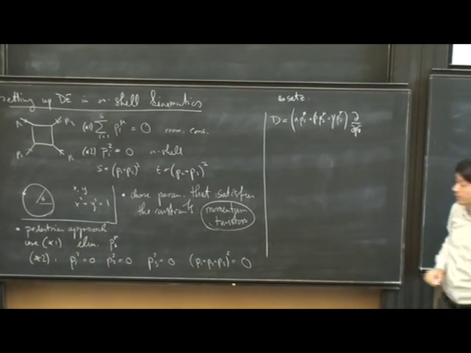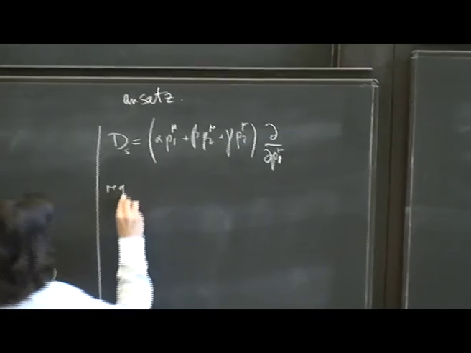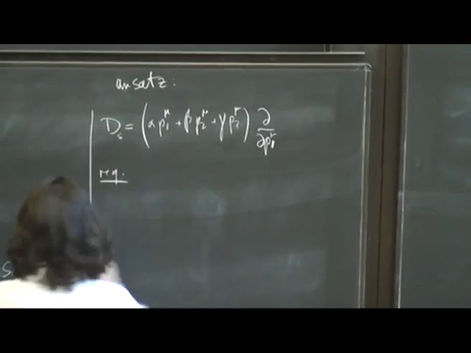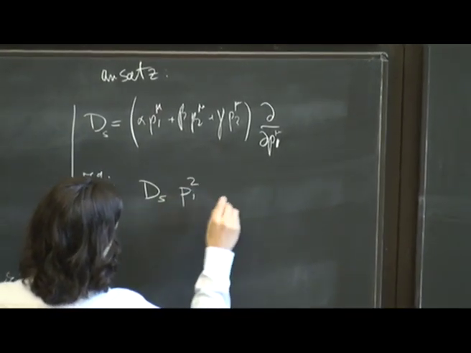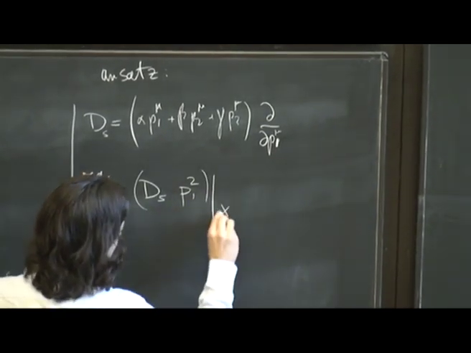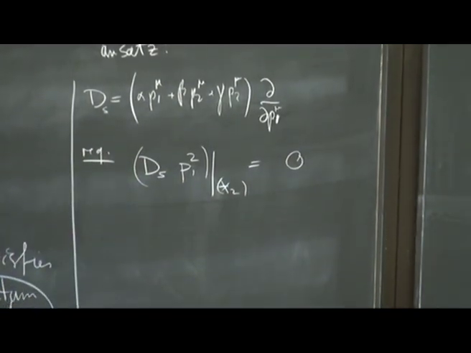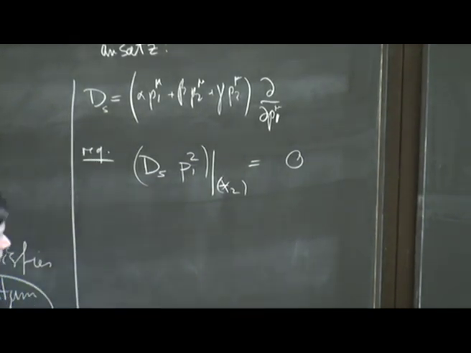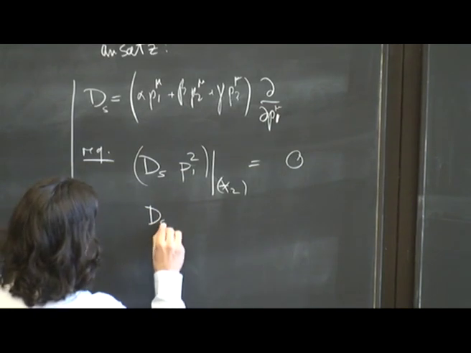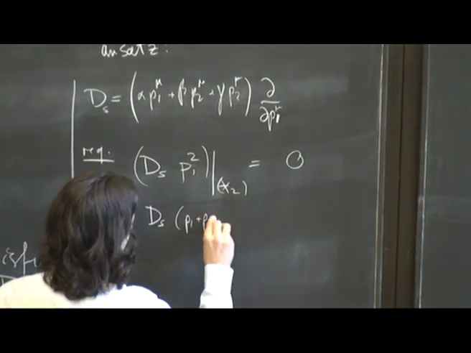So let's consider this differential operator. Let me call it ds in fact. And what do we want to require? Well, we want to satisfy the constraints, so we want that ds acting on P1 squared, on the surface of the constraint, is equal to 0. In other words, the differential operator commutes with the constraint equation. And likewise, we also have to watch out for this one, so we also want to commute this property here.